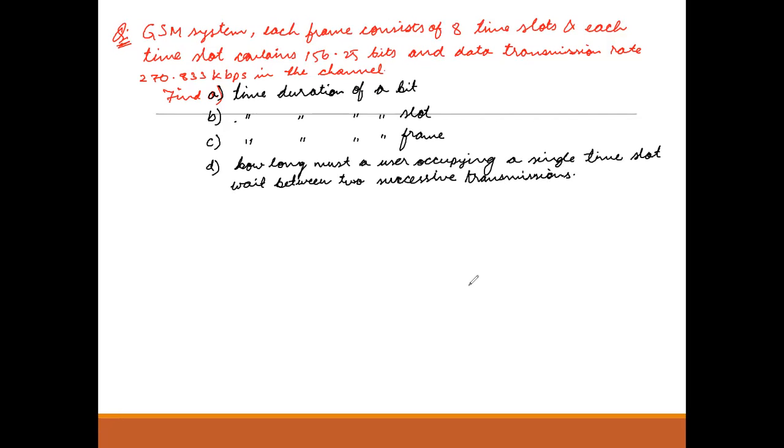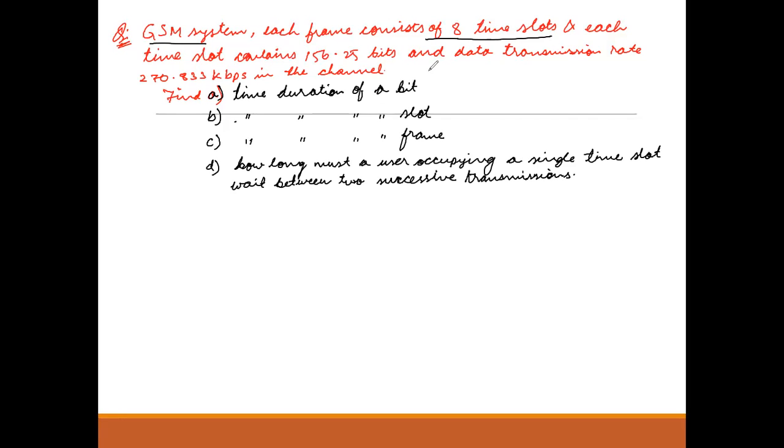I think all of you can understand that question, that there is a GSM system, and in that GSM system, each frame consists of 8 time slots. एक frame में 8 time slots हैं, and each time slot contains 156.25 bits, and the data transmission rate is 270.833 kbps.